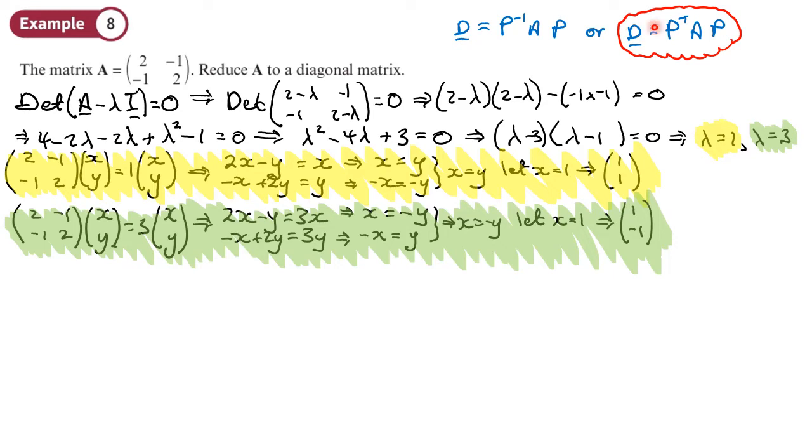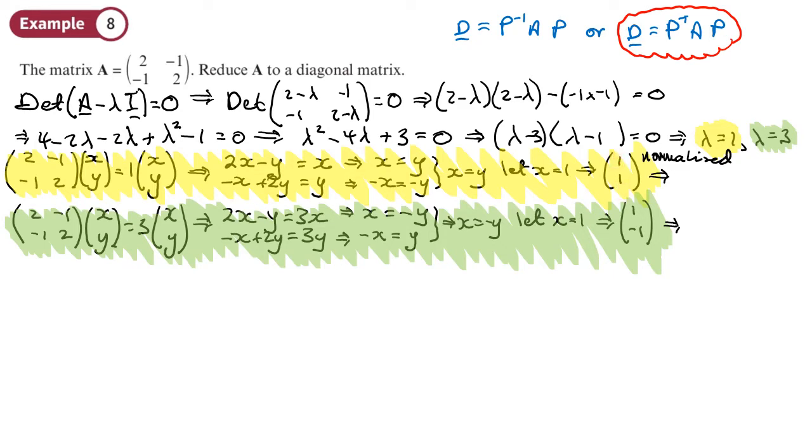Now, because I'm using the transpose method as opposed to the inverse method, that does mean I need to normalize my eigenvectors. So that means dividing them by their length. For the first vector, its length is going to be the square root of 1 squared plus 1 squared.